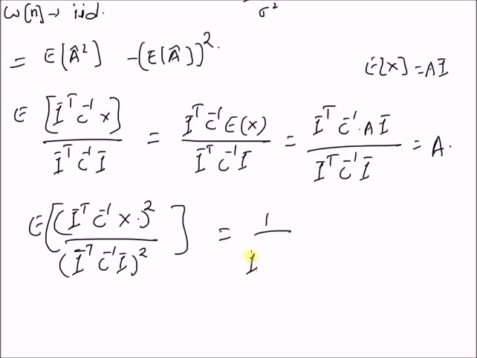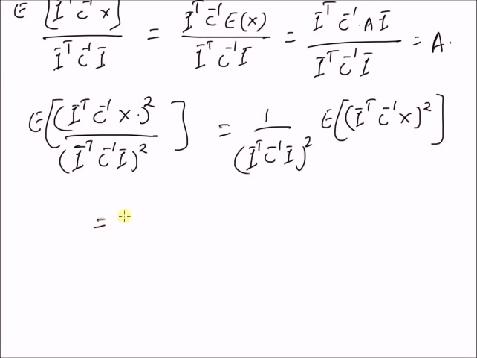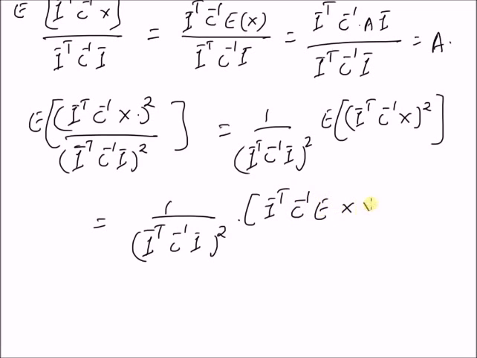So we have 1 bar transpose C inverse 1 bar whole square, that is the denominator. Then the numerator becomes 1 bar transpose C inverse expectation of x into x transpose multiplied by C inverse into 1 bar.